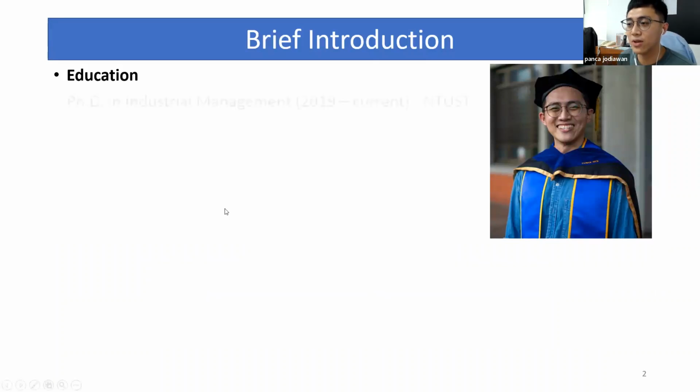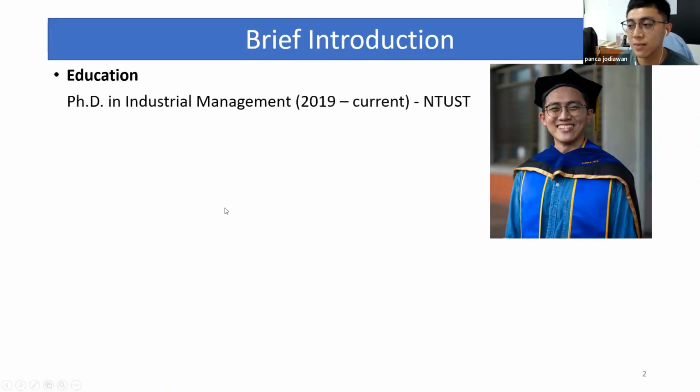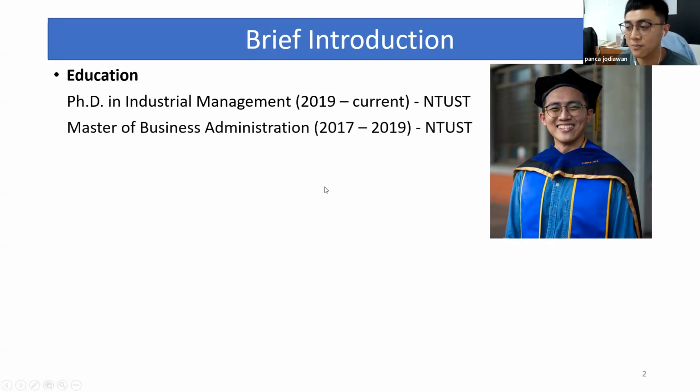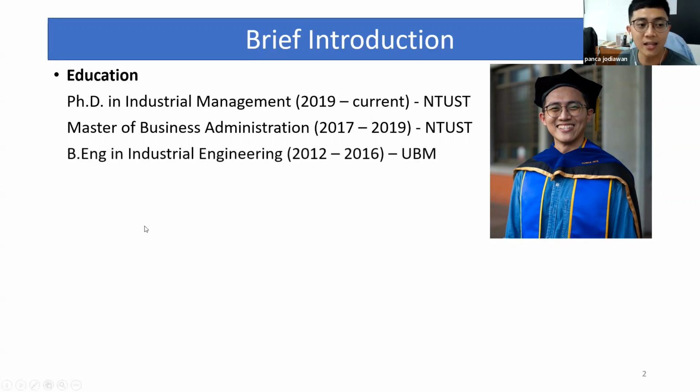For the education part, I am almost completing my PhD in industrial management, from 2019 up to now in NTUST. I finished my master's in the same department and the same lab in 2019, and the earliest one is my Bachelor of Engineering in Industrial Engineering in 2016.